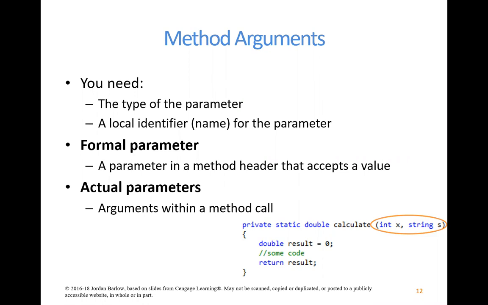So when we use the write line method and we type hello world inside of the parentheses, hello world is our actual parameter. We don't see the formal parameter, which is the way that they wrote that string variable when they wrote that method. We don't see all those details because we didn't write the method. We just know our actual parameter, which is the argument that we use, or argument is another word for parameter, when we're invoking the method.